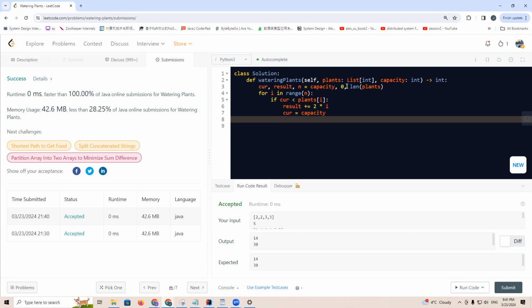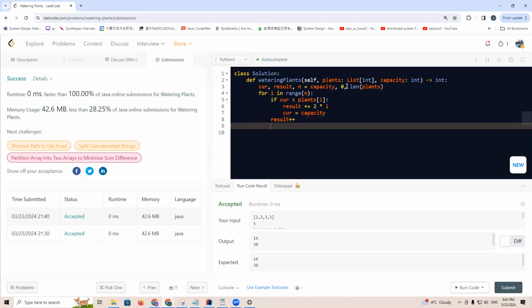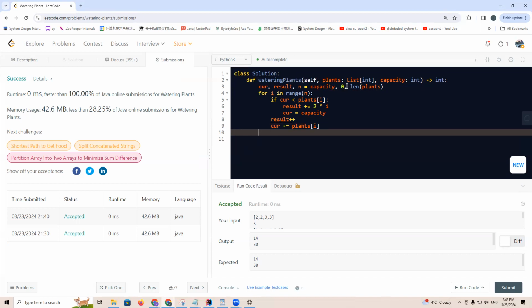And for any other case, we'll have result plus plus, and also current minus equals plant I. In the end, we just return result.